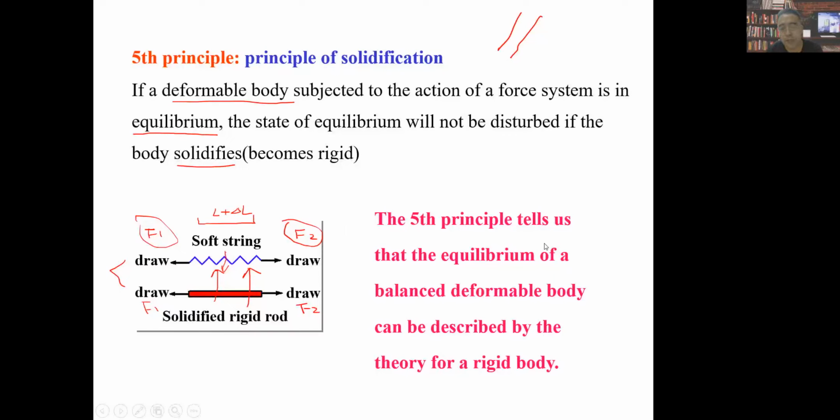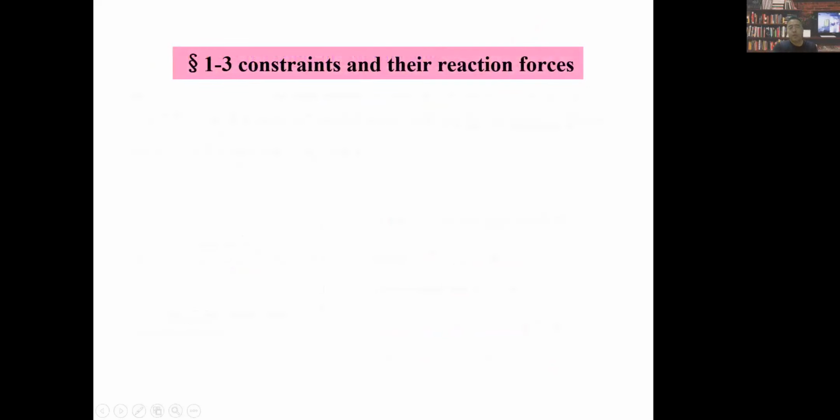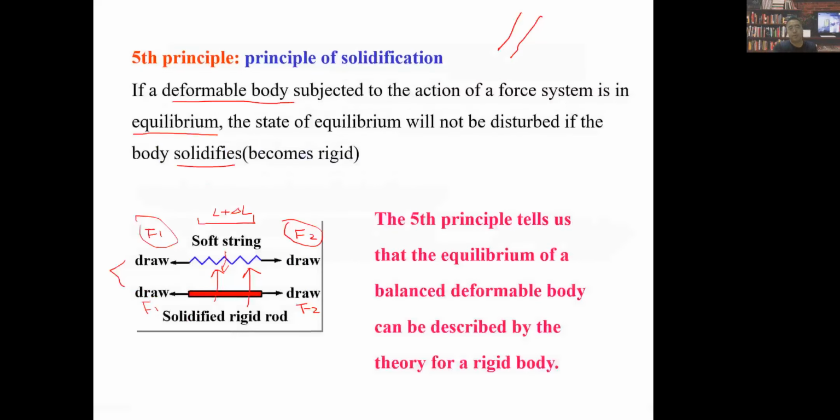This principle tells us that the equilibrium of a balanced deformable body can be described by the theory for rigid bodies. That means if a deformable body is in a state of equilibrium, we can look at it as a rigid body. But the reverse direction is not true. Okay.